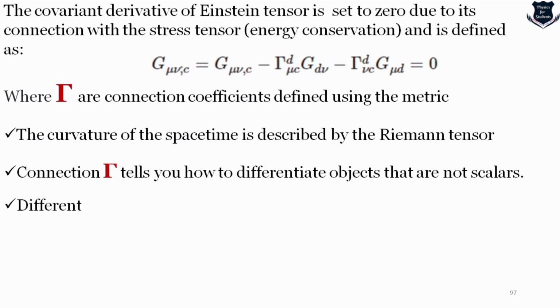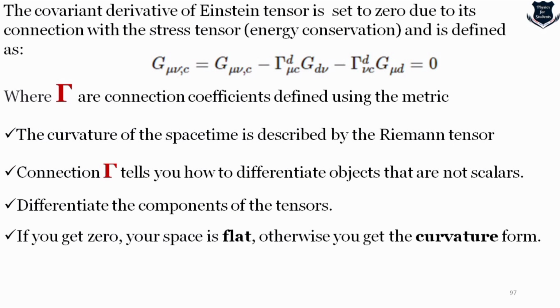The problem is that you cannot tell this unless the basis is constant. So we differentiate the components of the tensor, and until we differentiate the components, we cannot tell that. If we get zero, our space is flat. We saw that, and if it is any other value, it is curvature.